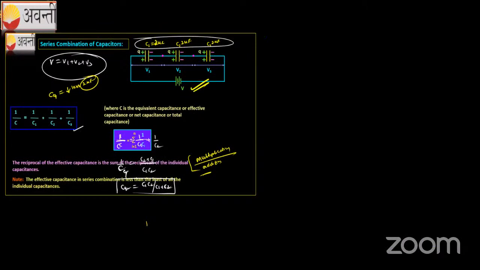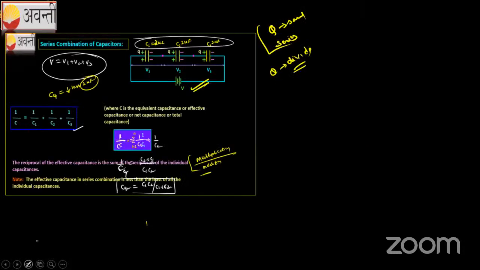One more thing: in series combination, charge is the same. But in parallel, the charge is divided. Sorry, buddies, I think the parallel combination is missing here. Parallel combination looks like this.